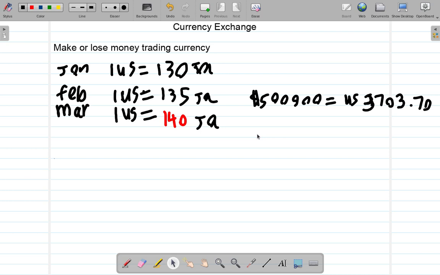Now come March, they want to change back to Jamaican dollar. They have 3703.70 US dollar.